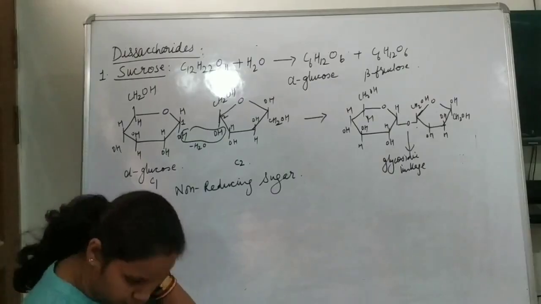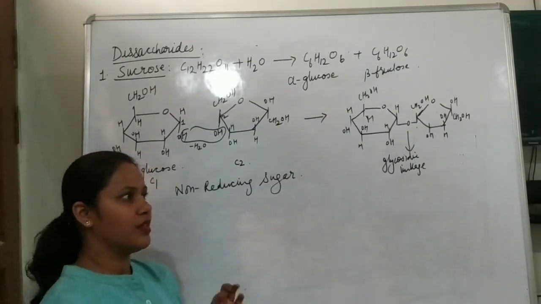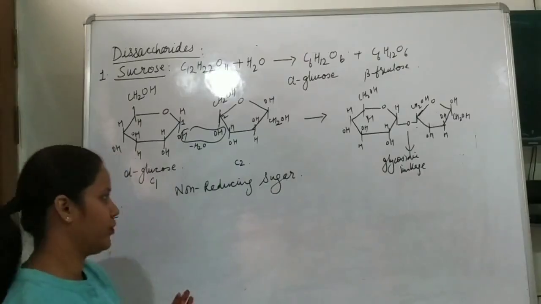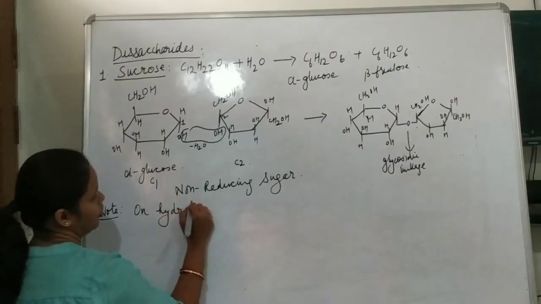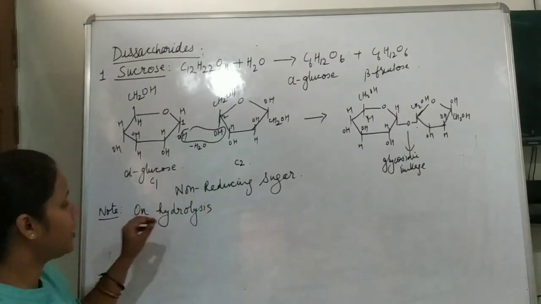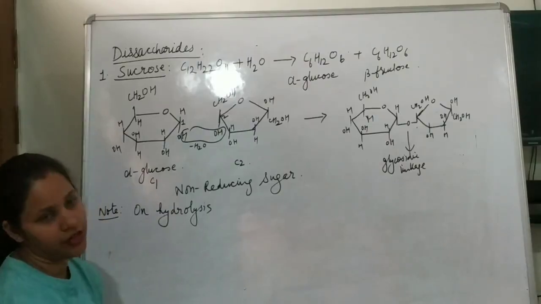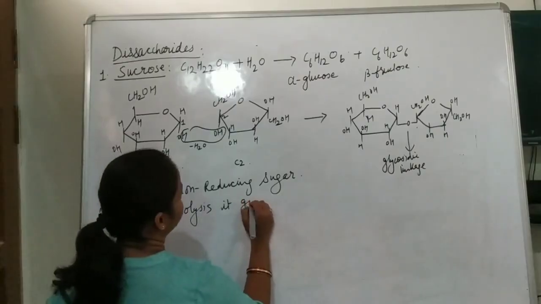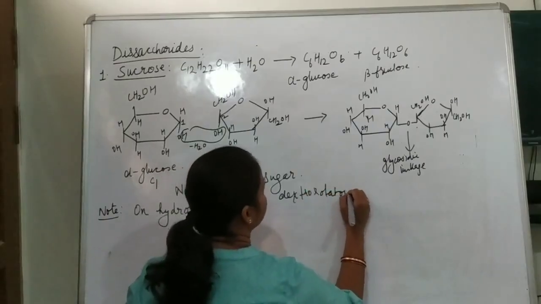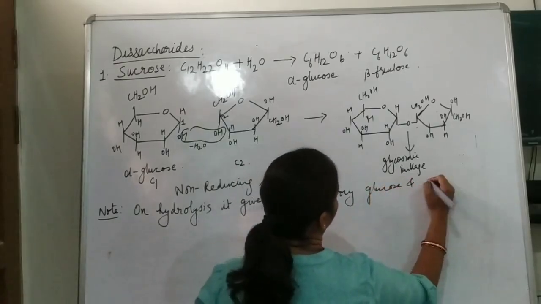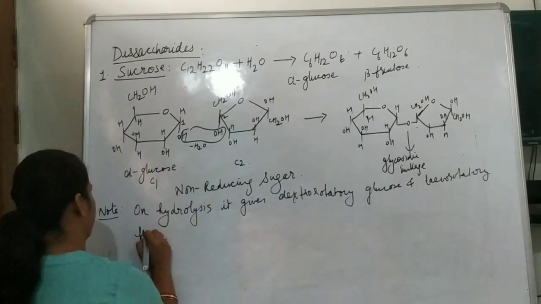Now, an important point to remember is that sucrose is a dextrorotatory compound, but on hydrolysis it gives dextrorotatory glucose and levorotatory fructose.